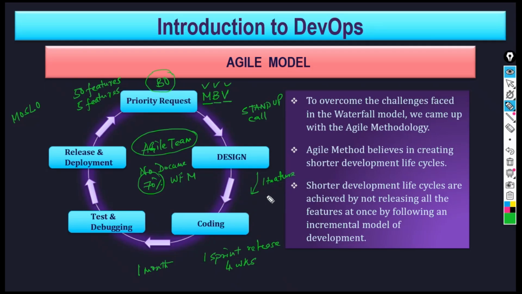You do not need to give all the features at the same time. Once one feature design is over, you give that UML diagram to the coding. The coding starts with one feature. That feature will go for testing and the release, and here you are doing a UAT.